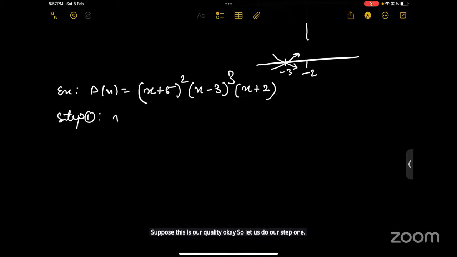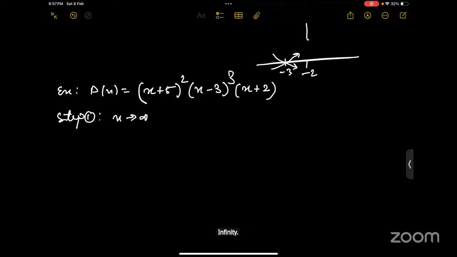What will be the end behavior when x is tending to infinity? What will be the behavior of p(x)? Infinity.